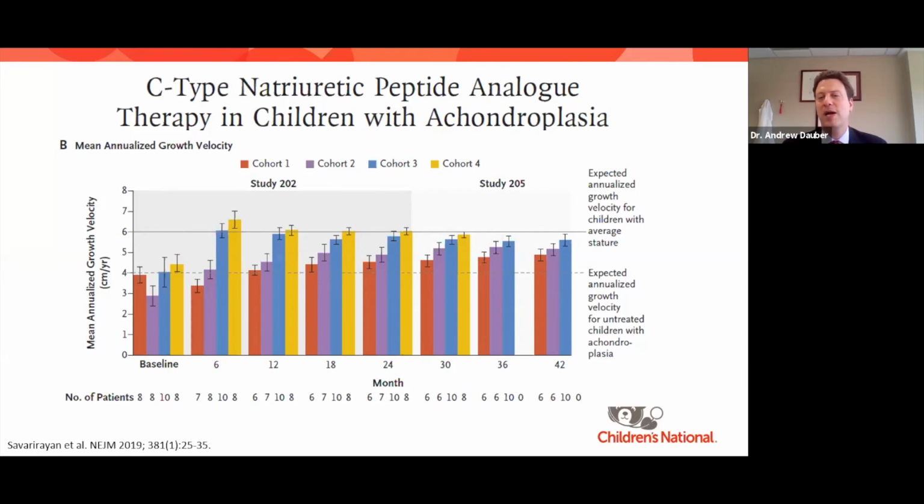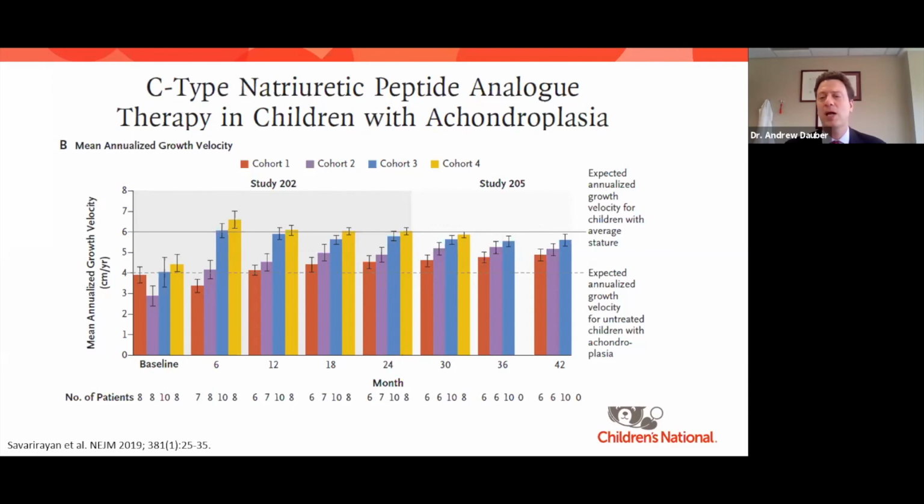And what they found was a sustained increase in growth velocity in patients receiving Vosoritide. And actually, this past Friday, they just published their phase 3 study results in The Lancet. I didn't have time to make a newer slide, but that was a randomized controlled trial of Vosoritide versus placebo in patients with achondroplasia, and it also showed an improvement in growth velocity in patients who received the Vosoritide.